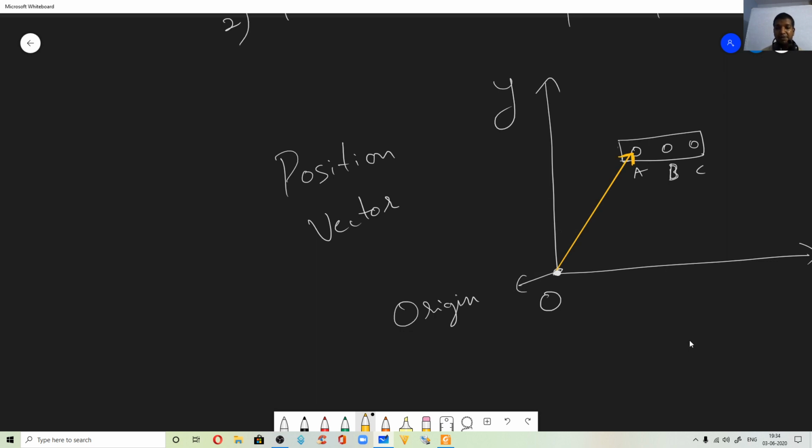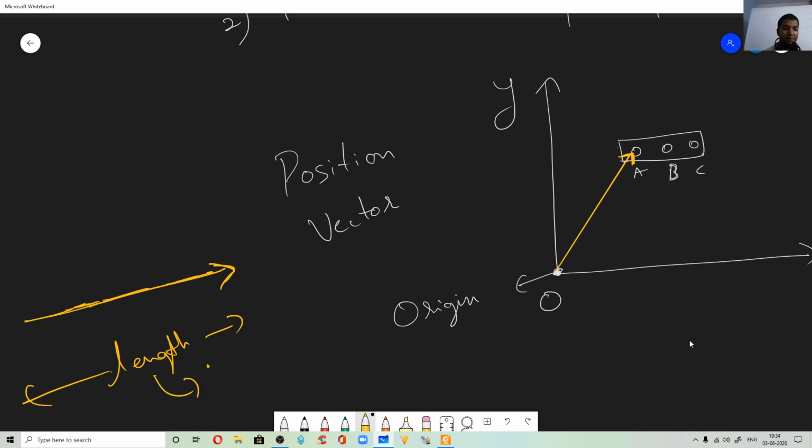As I told you in the previous class, a vector we represent by an arrow, correct? The length tells you the magnitude. So we have seen all these things, right? Now you can say here is the position of A. You can give the position of A by drawing a vector whose tail is at the reference.